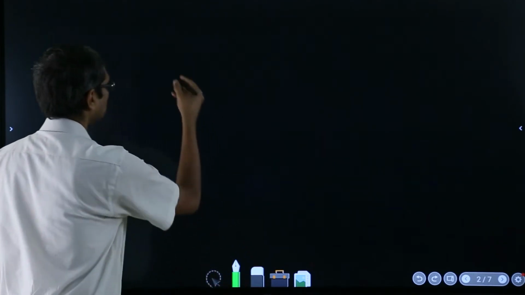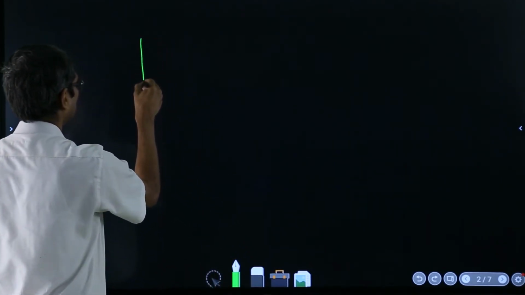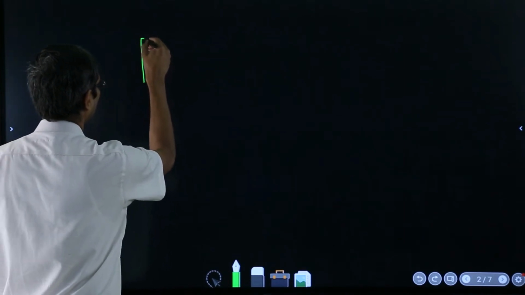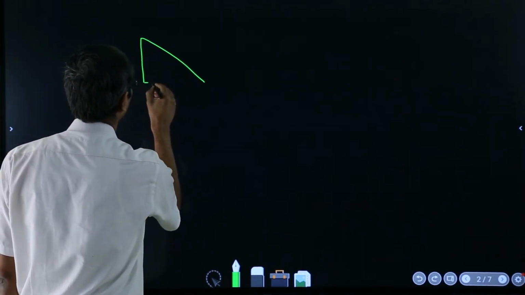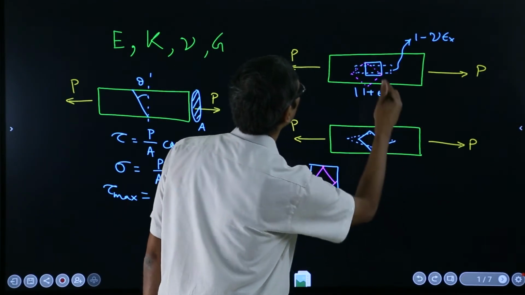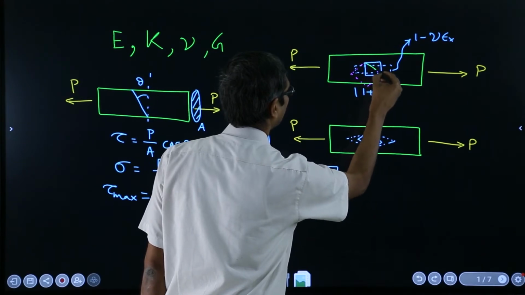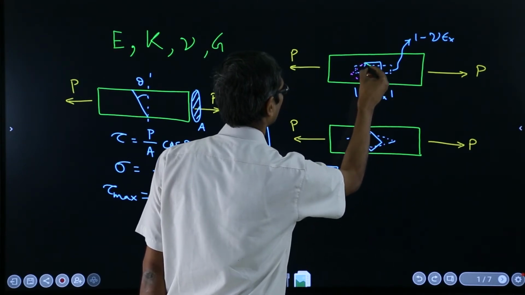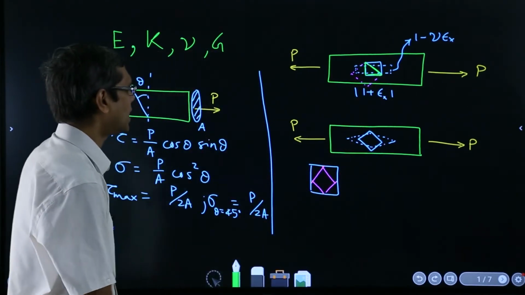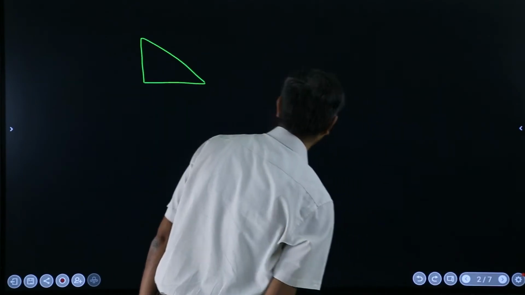So I am just going to draw that now. So consider that portion of the rectangle. So now I am looking at this portion of the rectangle. Okay. Now what will happen to this rectangle portion here?